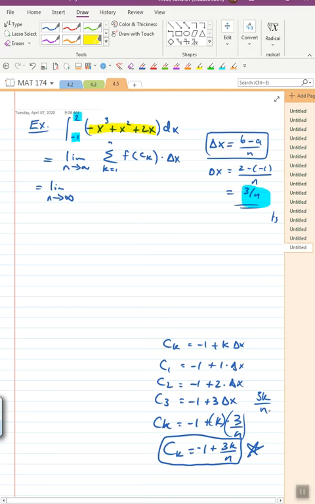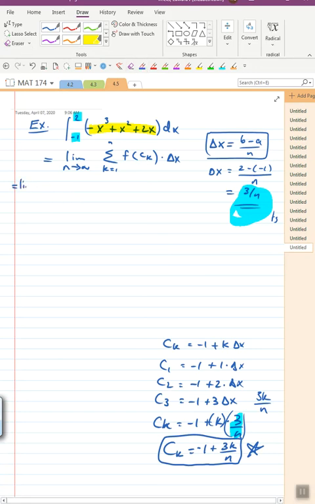And the 3 over n came from this up here. And then the k is just increasing from 1 to 2 to 3 to 4 and so on. Now we find f of ck. So now it's just writing this out. Let's write that line above.